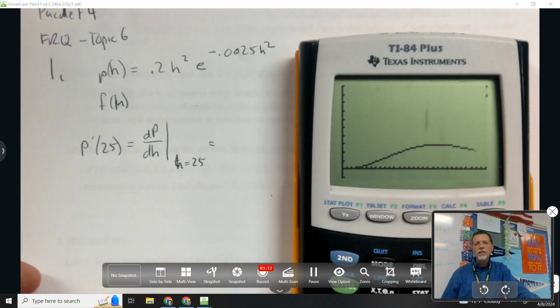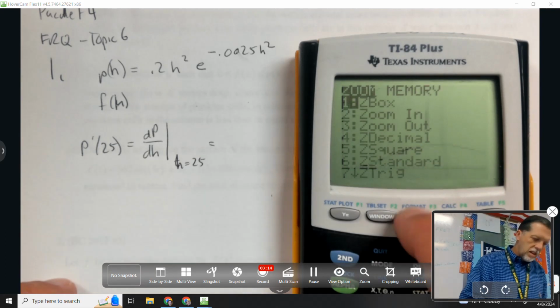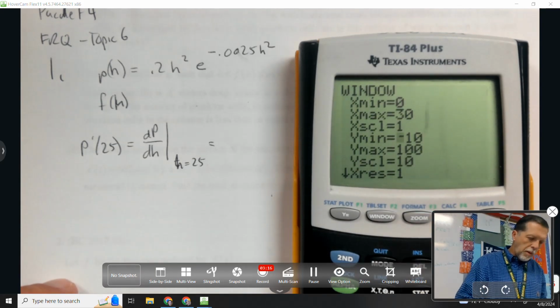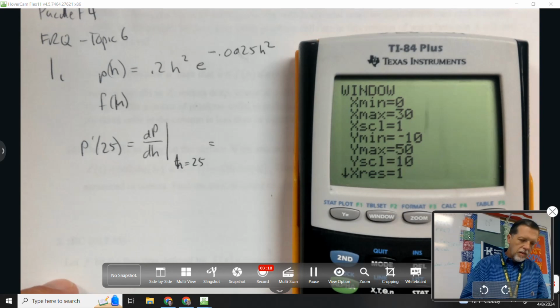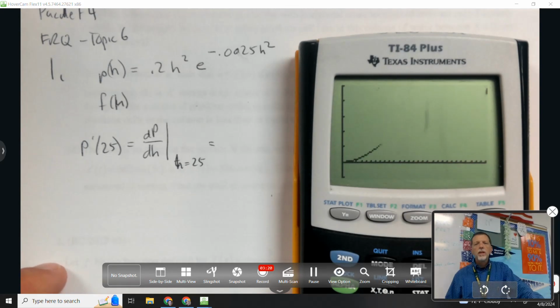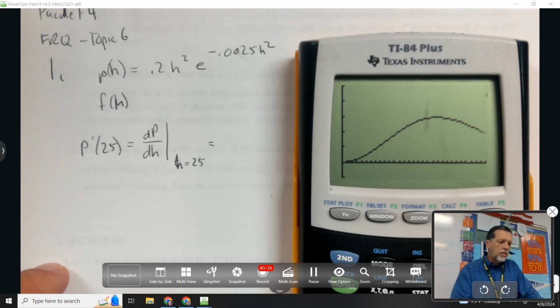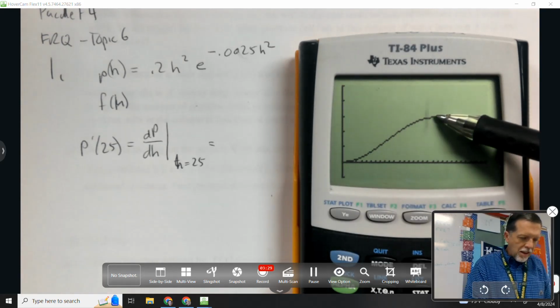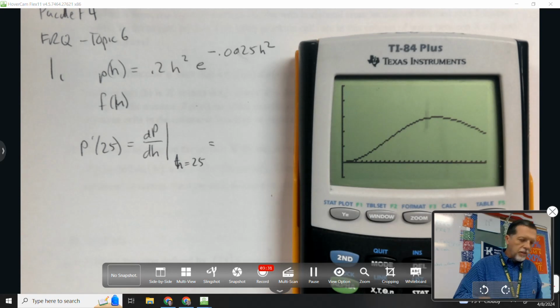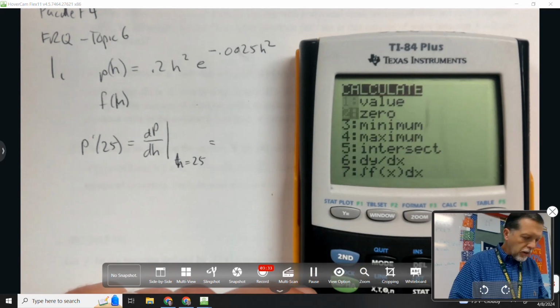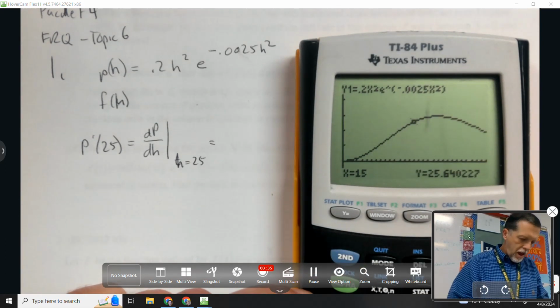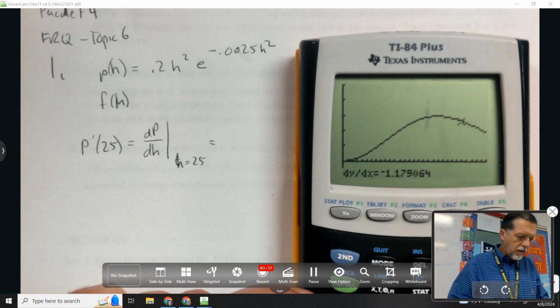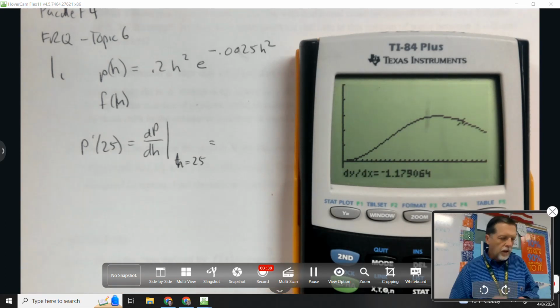Looks like I could have gone to 50 for my y scale. Again, this is how dense the plankton are. So it's like a maximum density right there, and then it starts tapering off after that. But we want the derivative at 25. So negative 1.179.